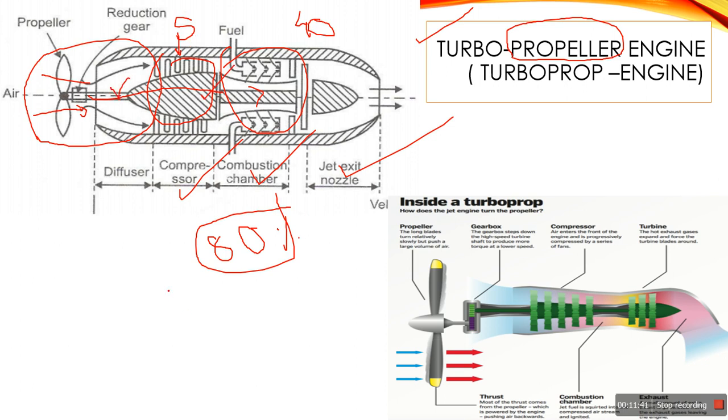That is the main difference, because the maximum thrust is created in the turbopropeller engine with the help of the propeller, so it is called a turbopropeller engine, and only 20% of the combustible products flows over the nozzle to produce thrust force. In a turbojet it is vice versa: only 20% of the power goes to the turbine and 80% to thrust, while in the turbopropeller engine 80% goes to the propeller, with which we produce thrust force, and only 20% to the jet. That is the main difference between the turbojet and the turbopropeller engine.